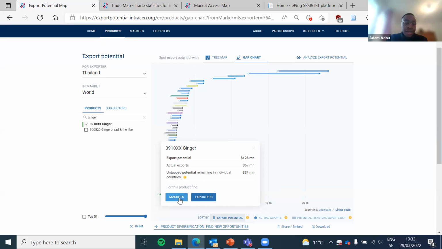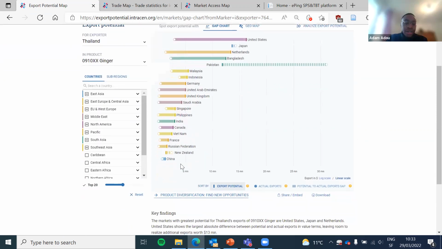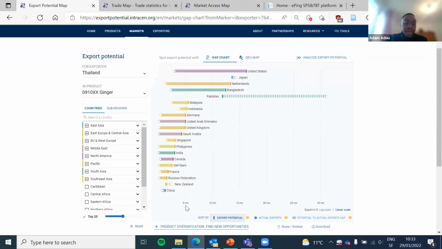From here, we can go to another type of view, the view on markets. If I click on this, it will rank the different markets from the one with the highest potential when Thailand is exporting ginger to the one with the lowest. It is a top 20, but there are other countries; to ease the visualization, it shows you the top 20.